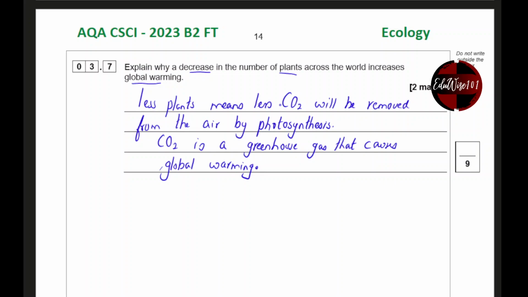So less plants means less carbon dioxide will be removed from the air by photosynthesis. Carbon dioxide is a greenhouse gas.